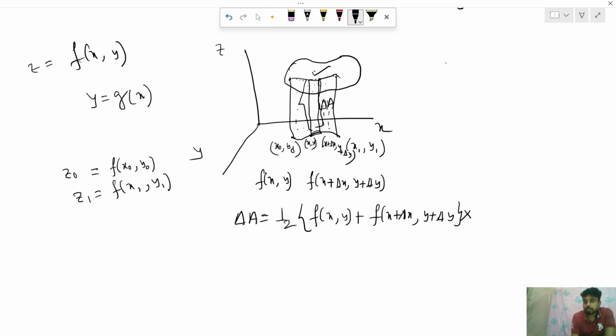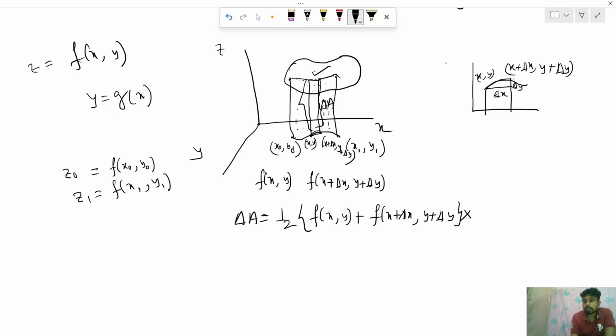What is the distance? If I try to plot this curve in the xy plane, here this is x comma y, this is x plus delta x comma y plus delta y. So it will be delta x and it will be delta y.